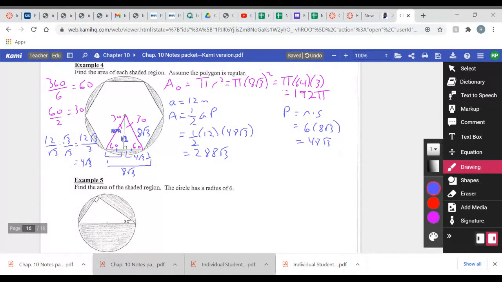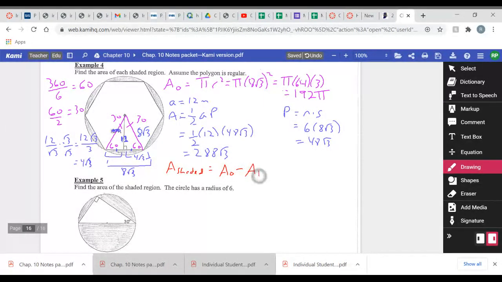All right, so now we've got the area of the shaded is equal to the area of the circle minus the area of the hexagon. So I'm actually doing area of the circle we have up here is 192 pi minus the area of the hexagon, which is 288 square root of 3.